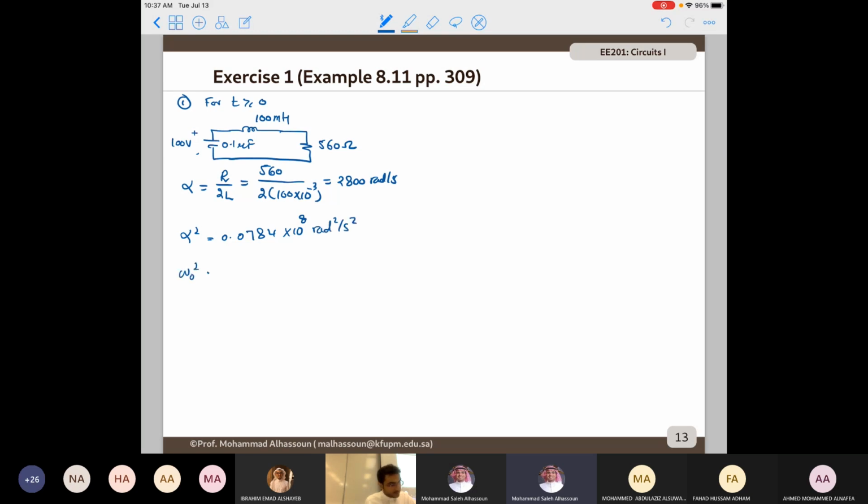Omega naught squared is exactly the same as the previous case. So clearly, what type of response do we have here?